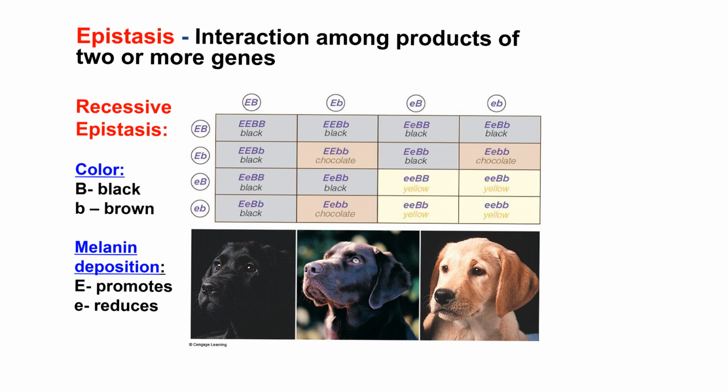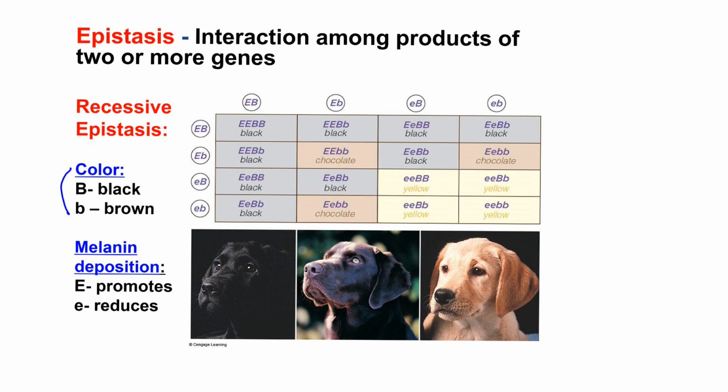Before we go to the example, I want you to think about how genes are manifested, how they are expressed. If you understand what is necessary for the manifestation of a certain gene, meaning the trait, the appearance, it would help you to understand epistasis. So let's go to the Labrador Retriever. Coat color in labs is controlled by two genes.